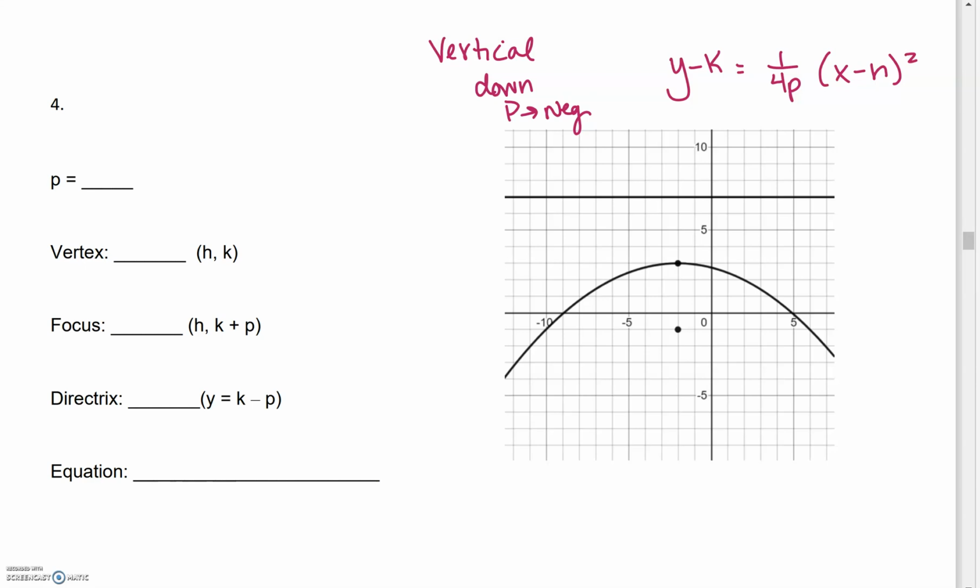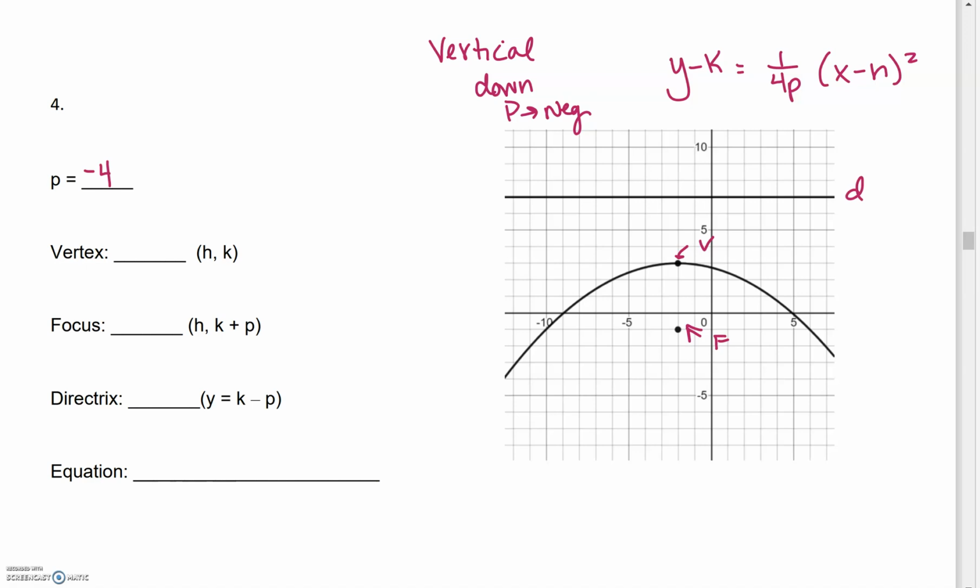And of course, all of our stuff is correct over here on this one, but I think it was both of our horizontal ones that we had a little correction we had to make there. But P in this case is this distance here, which is 4, and again, it is negative because we are opening down.